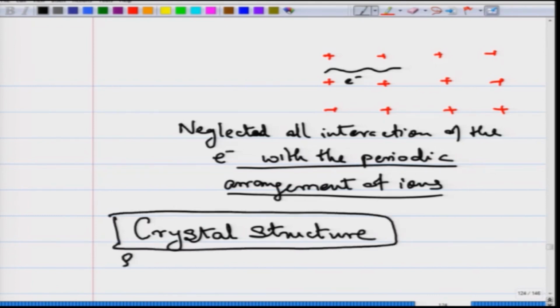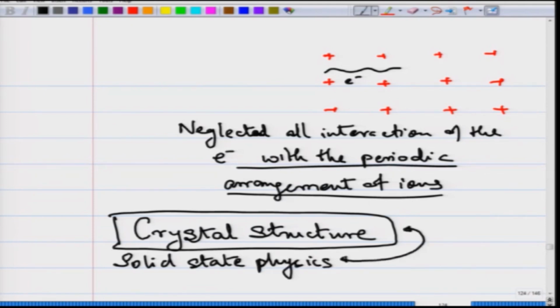Because solid state physics to a large extent deals with studying the behavior of electrons and properties of solids which have a periodic arrangement of atoms, ions or molecules inside these structures.